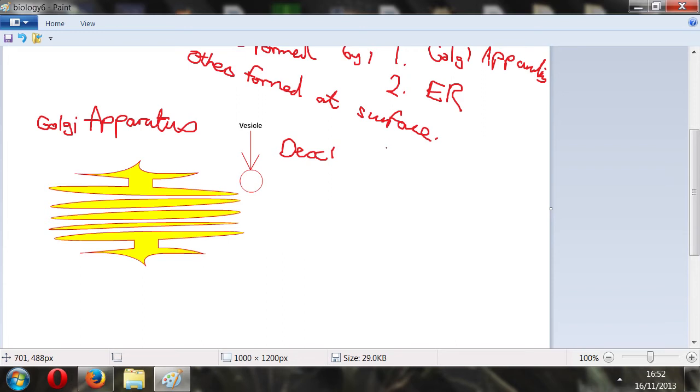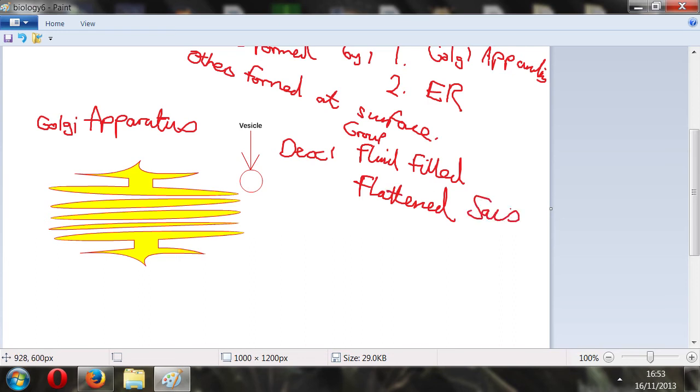The Golgi apparatus is a grouping of fluid filled flattened sacs. Like I mentioned, vesicles are often nearby.